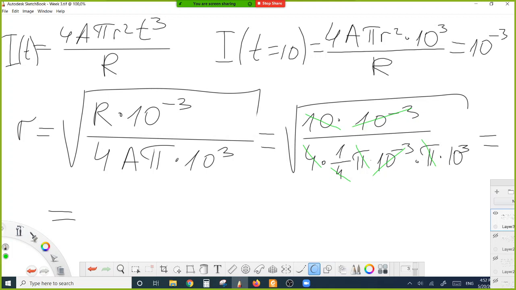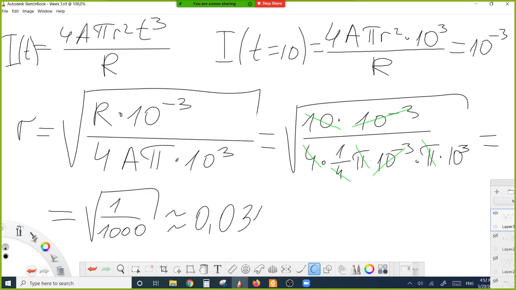And the only thing that remains is 1 over 1000, which is approximately 0.0316 meters, or approximately 3.2 centimeters.